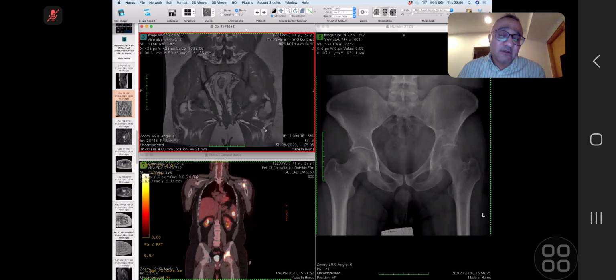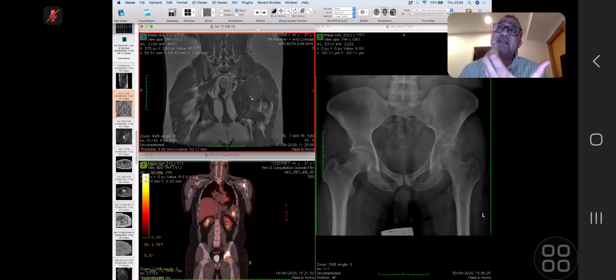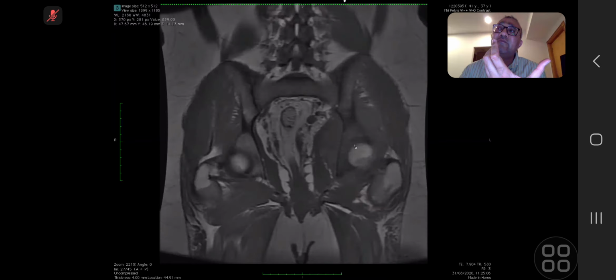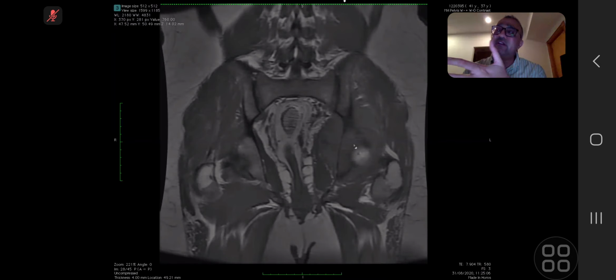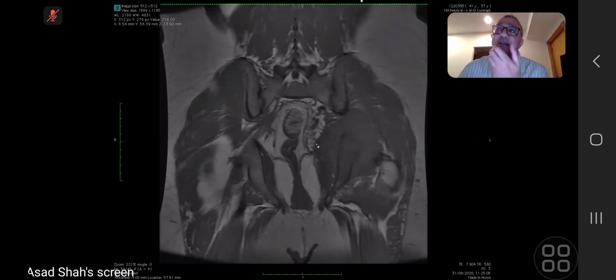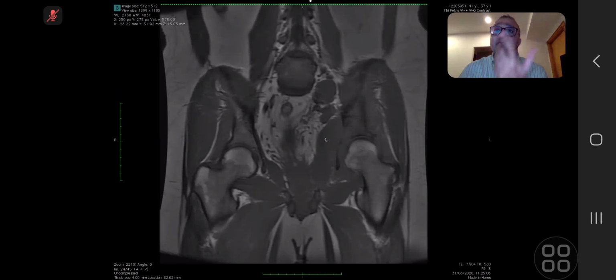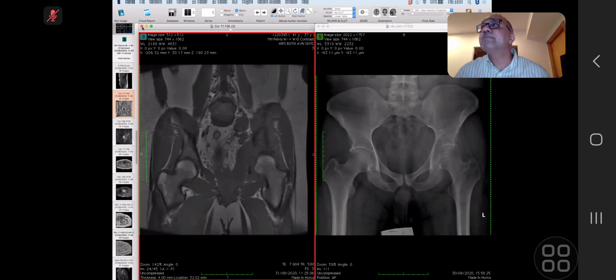Lymphoma can look sclerotic and can look lytic, but whenever you see a large extraosseous soft tissue mass like this one, going all the way into the greater sciatic foramen at the back, you have to think about Ewing's in somebody who's younger, like 20 or less, but anybody from 20 to 40, you have to think about lymphoma. And if it's 40 or above, you can think about RCC or something like that, which are usually expansile metastases. So this was lymphoma. Right? Okay, good. All right, let me show you the next case then.